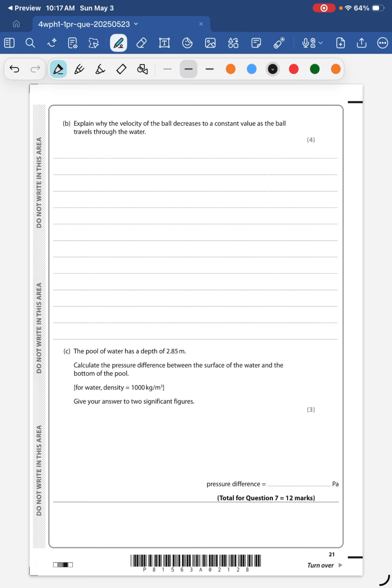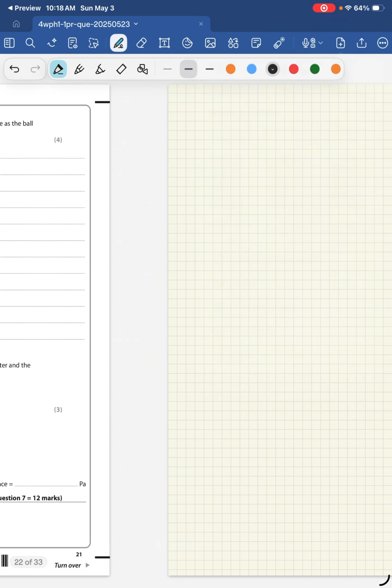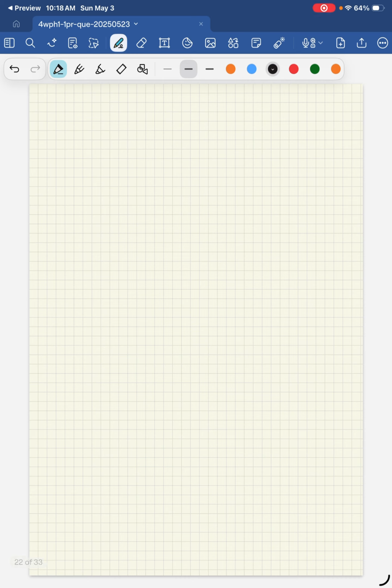Part B, explain why the velocity of the ball decreases to a constant value as the ball travels through the water. So let me use a clean page to draw the forces on the ball. So we have the weight, we have the drag, and okay, we have the upthrust as well.